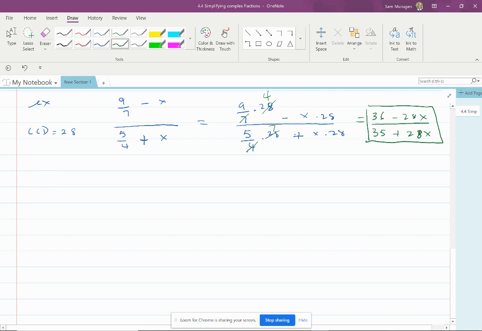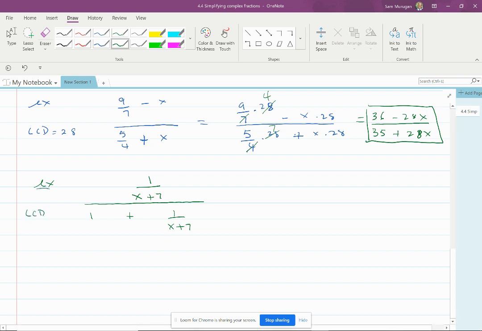Example. 1 over x plus 7, over 1 plus 1 over x plus 7. So the only denominator on the fractions in the numerator and denominator here is x plus 7.